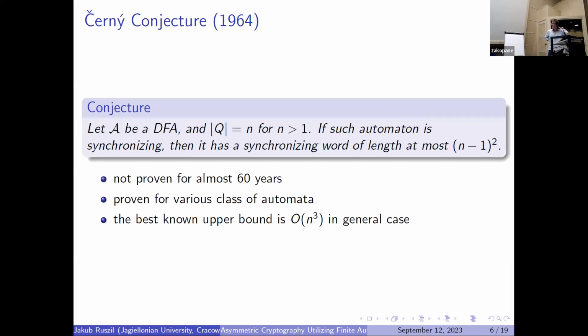Like most such conjectures, it is very simple to state: if we have a synchronizing DFA, then it must have a synchronizing word of length not exceeding (n-1) squared, where n is the number of states of the automaton. That conjecture has been open for almost 60 years. There are proofs for various classes of automata, but the best known upper bound is cubic in the general case, and it is implied by the Černý conjecture. Of course, there are some improvements, but it's still cubic.